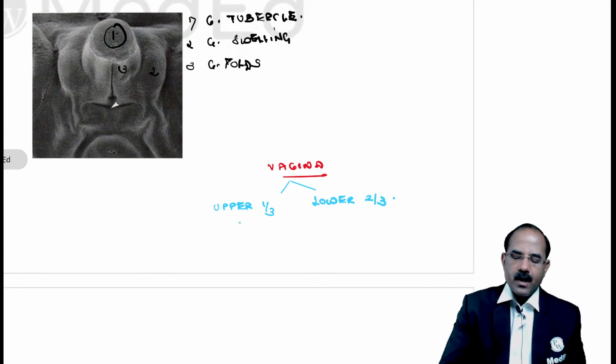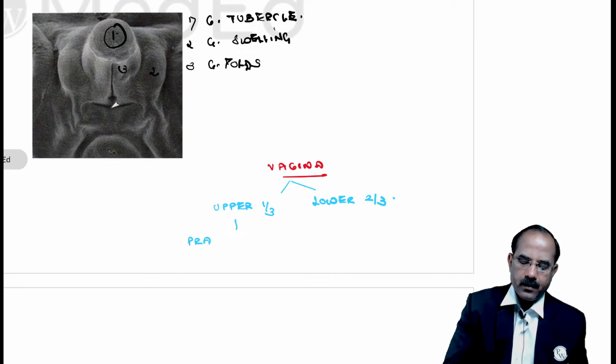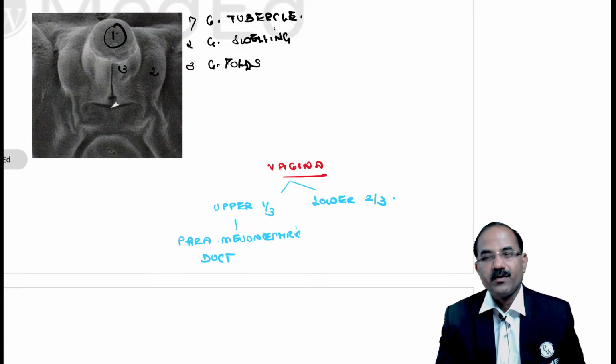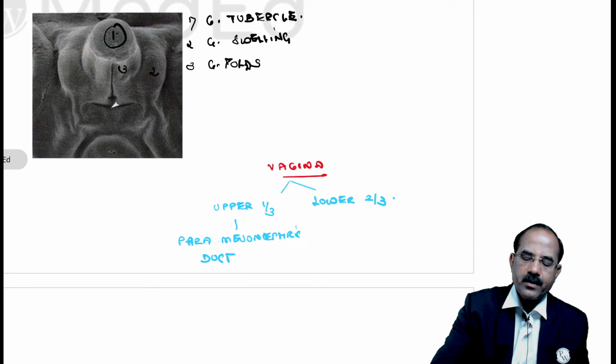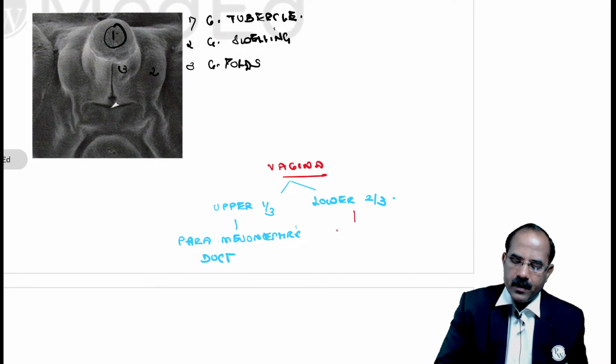Upper one thirds is derived from the paramesonephric duct. The lower one thirds of the vagina is derived from sino-vaginal bulbs.